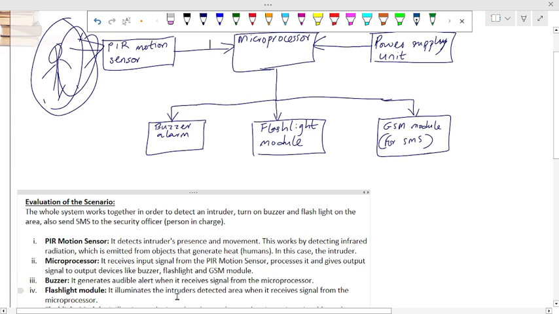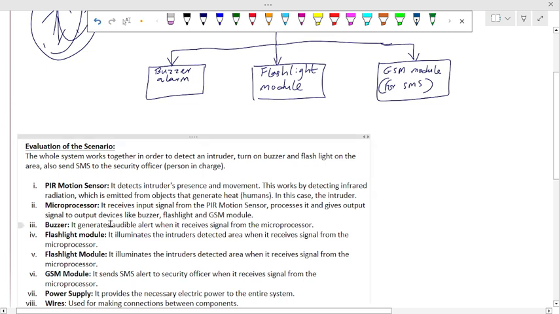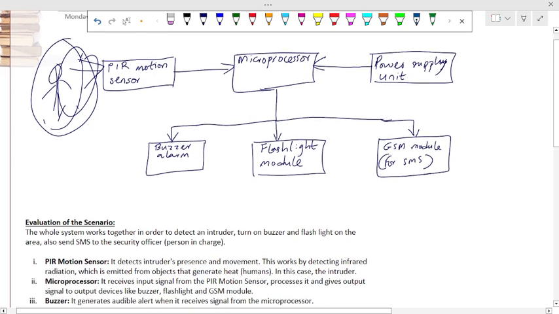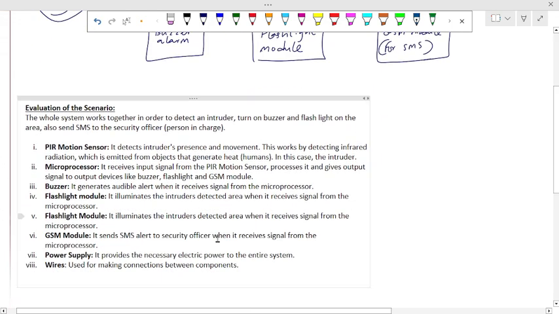The flashlight illuminates the detected area when it receives a signal from the microprocessor. And the GSM module sends an alert to the security officer when it receives a signal from the microprocessor. And yes, our power supply, I forgot that part. The power supply gives the necessary electrical power to the entire system.